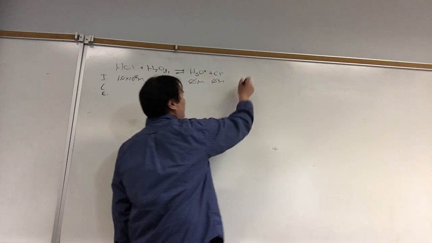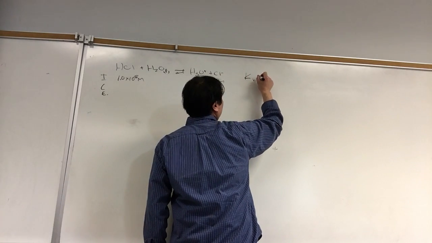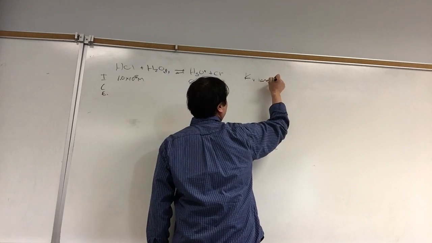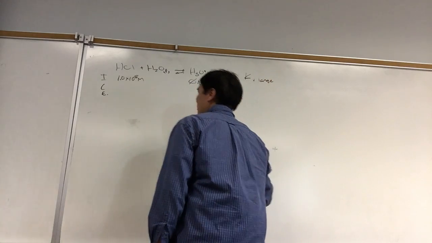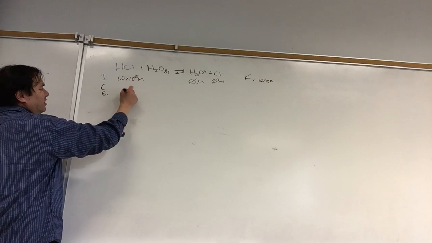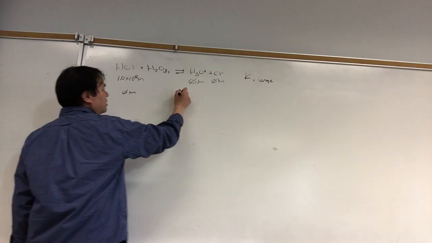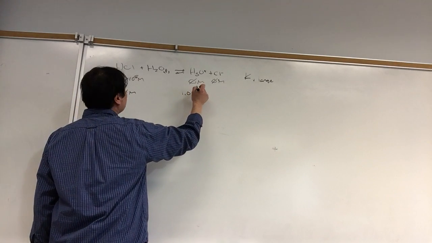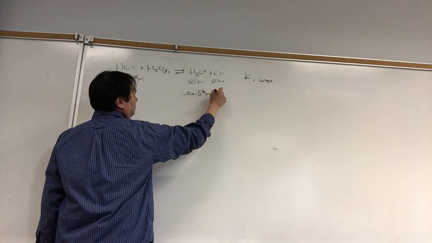But when we look at the K value, it's very large. If K is very large, that tells you it's pretty much all going. It's 100% reaction. We're just going to assume it's 100% reaction.